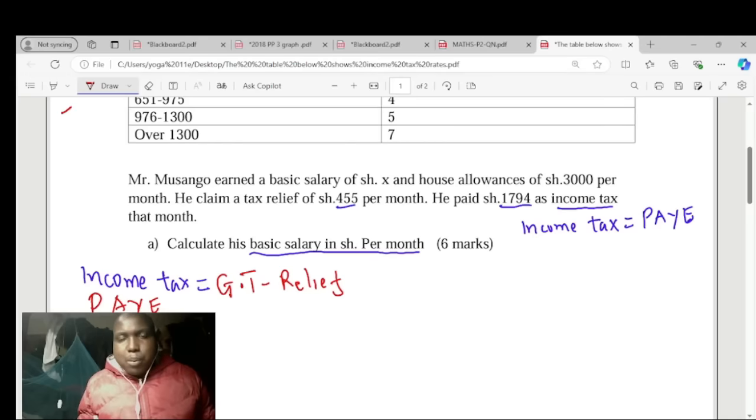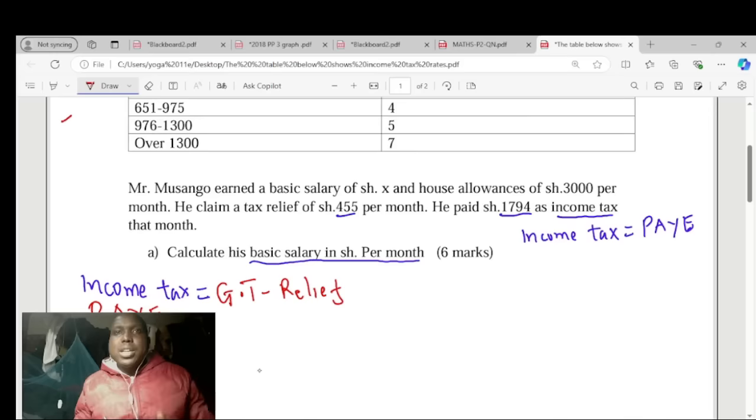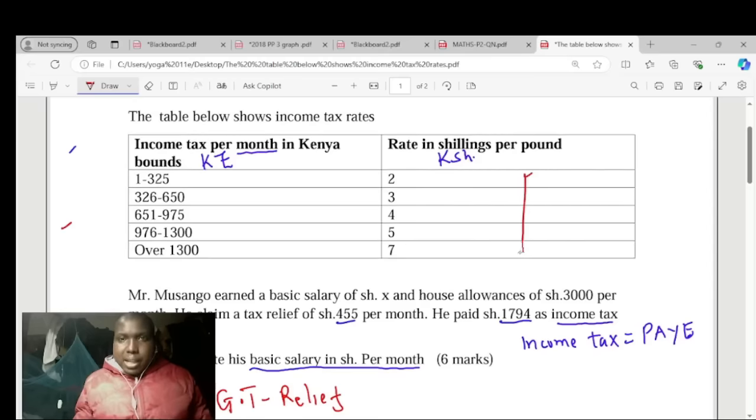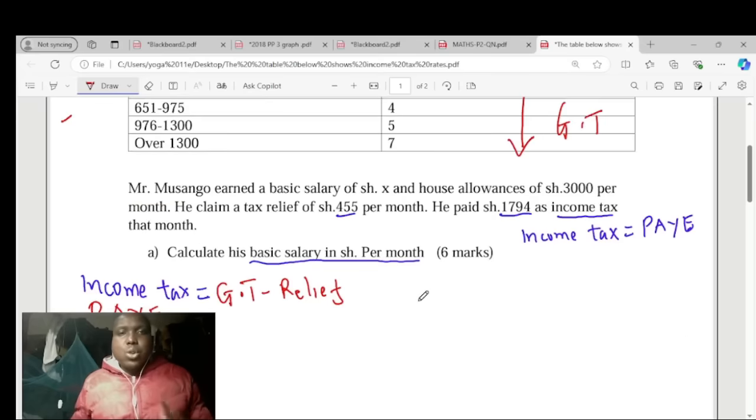So 1794 is equal, hapa kitu tunataka ni gross tax ndio tujue tax yenye ilitumika kwa hizi bands. Hapa wakati alikuwa anafanya tax hapa gross tax ilikuwa ngapi? GT ilikuwa ngapi? Hiyo ndio tunataka kutafuta. So already from the pay we can get the gross tax first. So 1794 will be gross tax GT minus relief, and relief was 455 per month. So to find this one, you take this on this side.